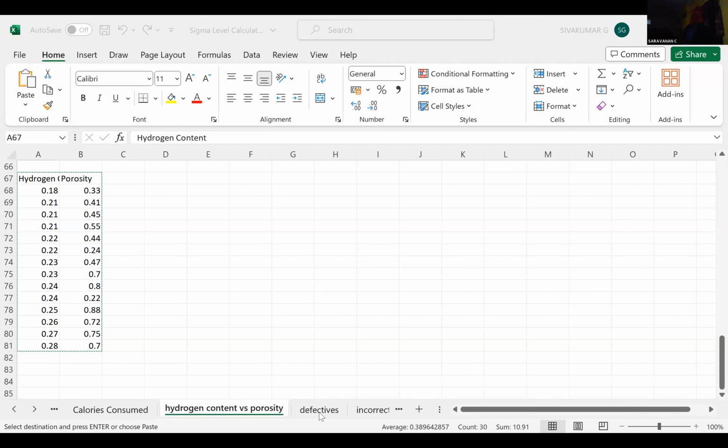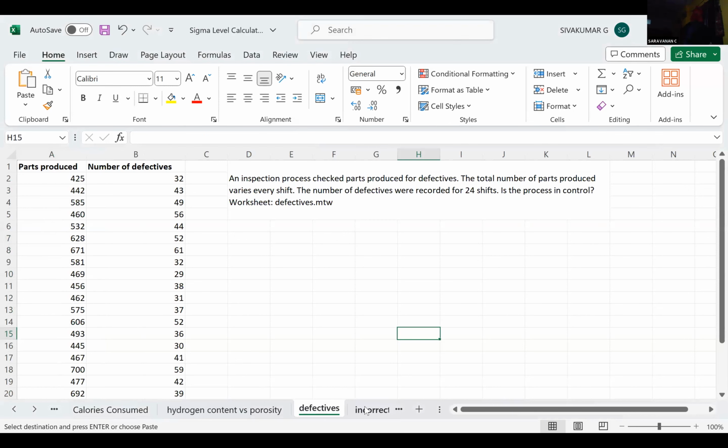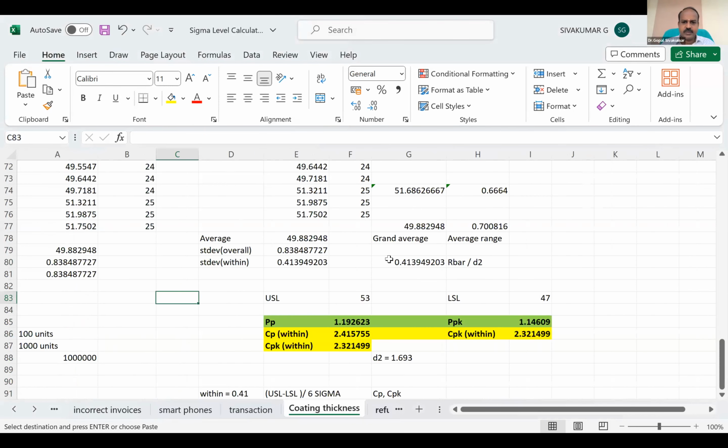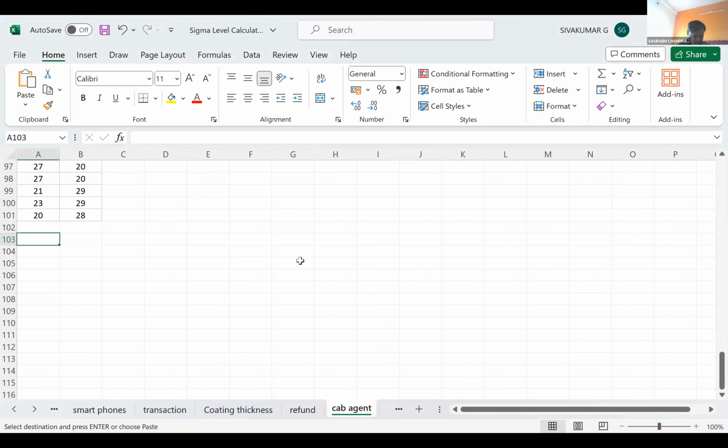Now I want you to use the regression in the initial stage and see. I don't know in which sheet I typed something, maybe here. Okay, no problem.